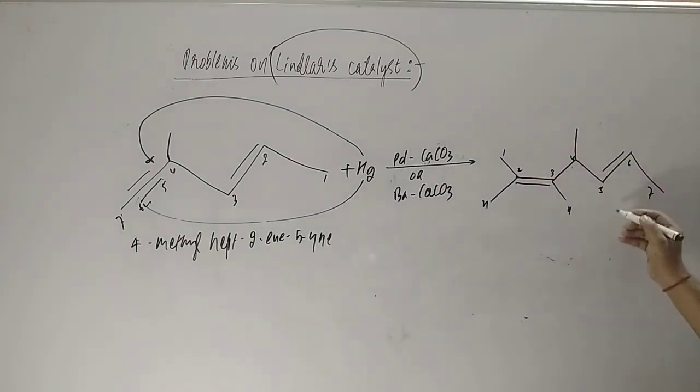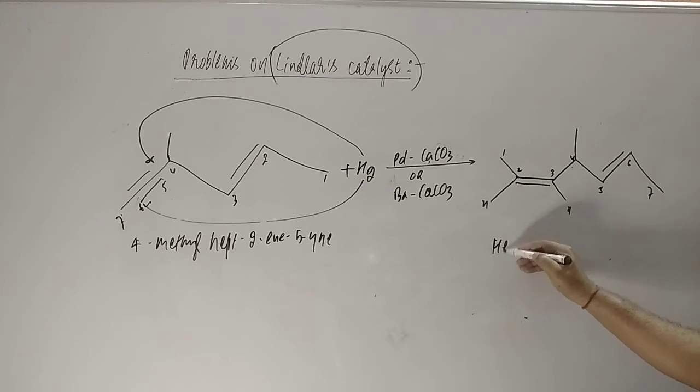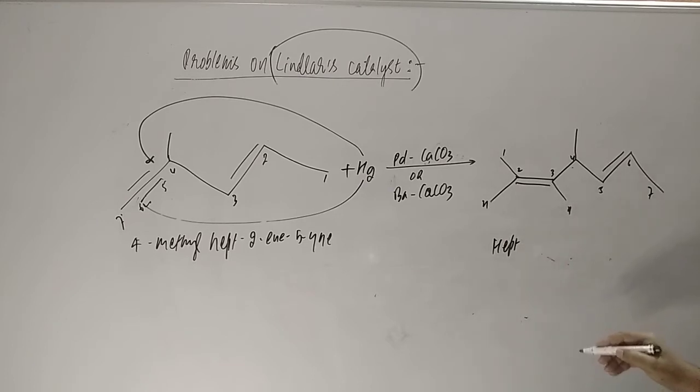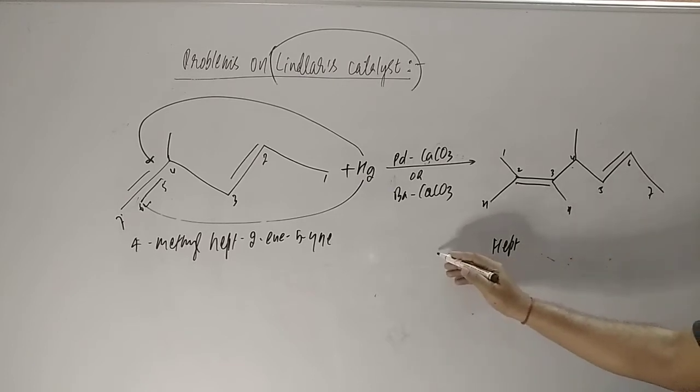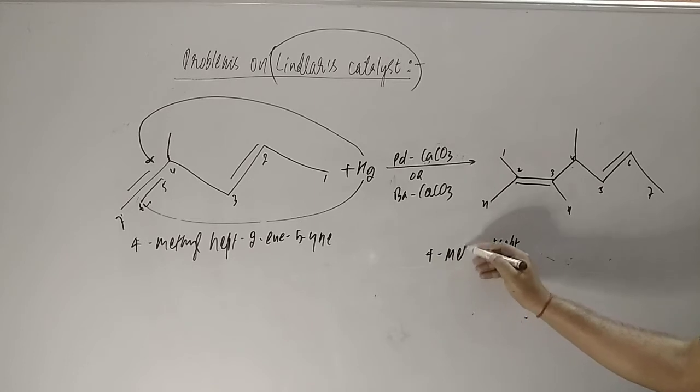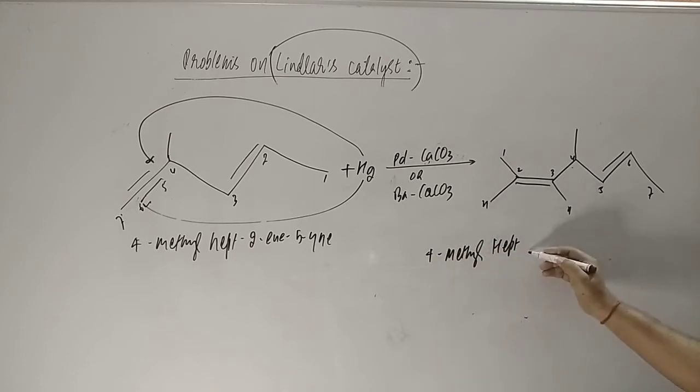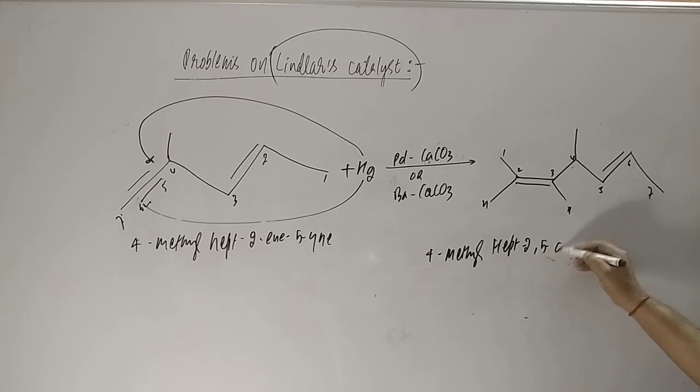This is hept, and firstly on fourth position there is methyl group, so 4 methyl, and hept 2 comma 5, it will be the diene.